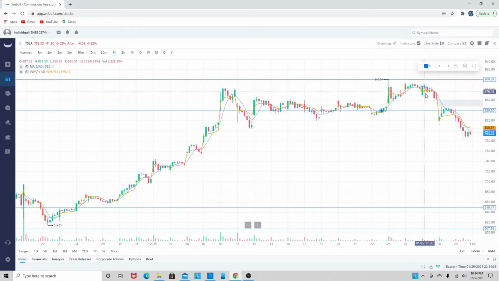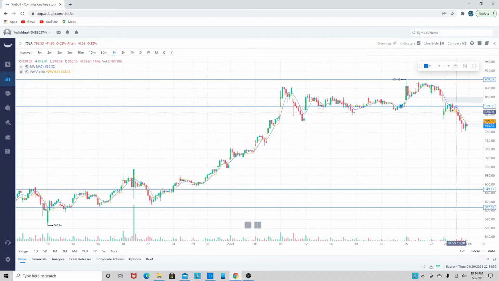Okay, now this past week, because of this market sell-off, it broke this resistance in here, and it dropped below our support at the 840 mark. This was actually today that it dropped, what was it, $47, I believe.